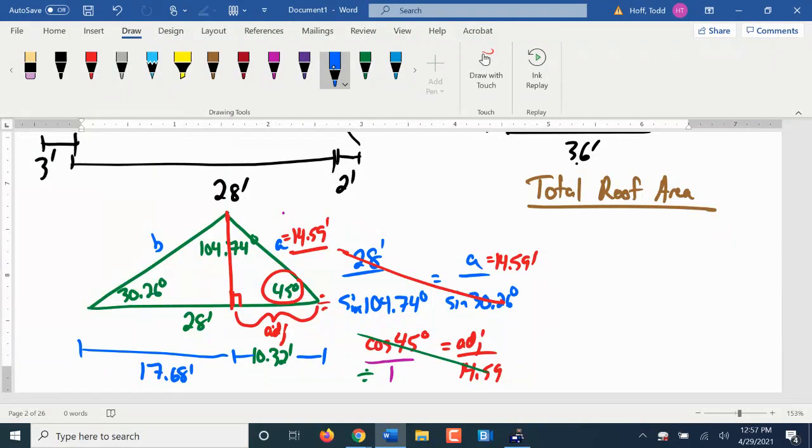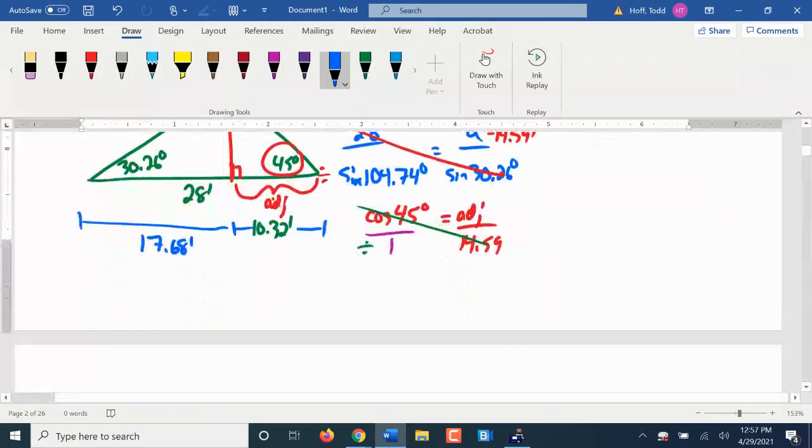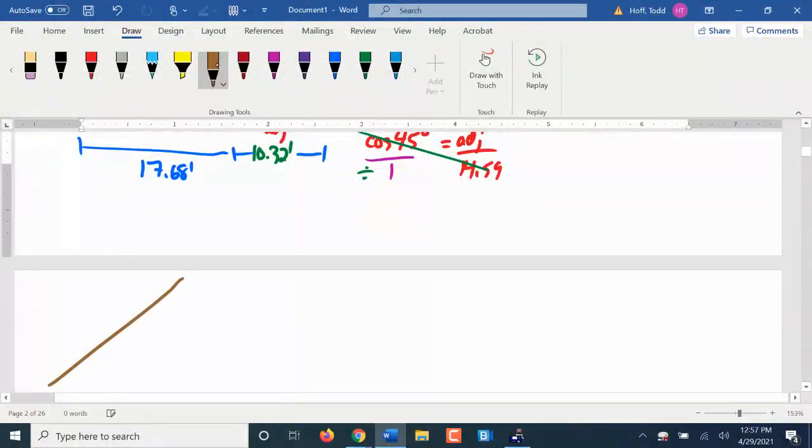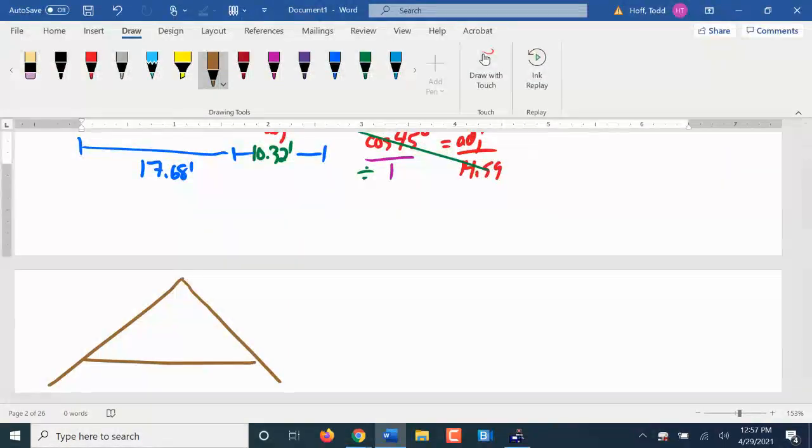Why is that important? Okay, so we have all three of our angles we're looking for. All we need to have left is that roof area. So the reason those are important is now we're going to go back and look at those triangles again. But we're going to have to add the overhangs.